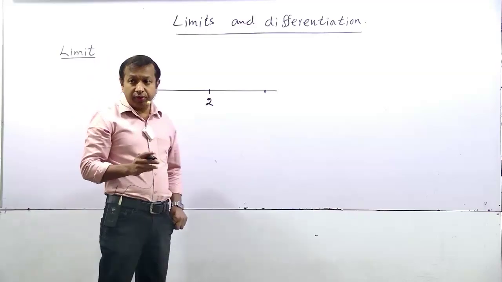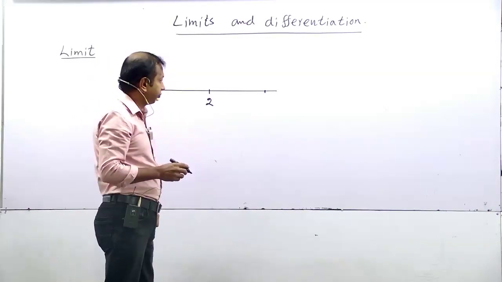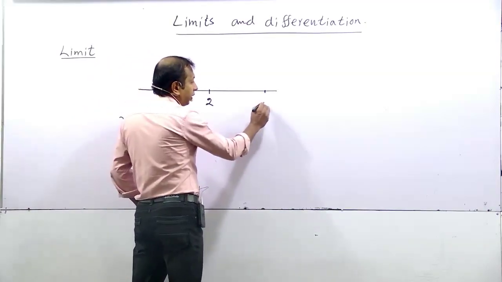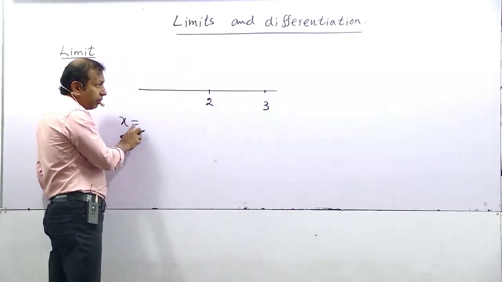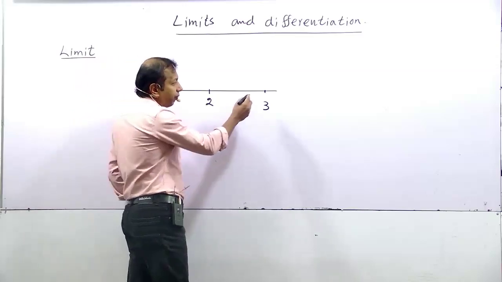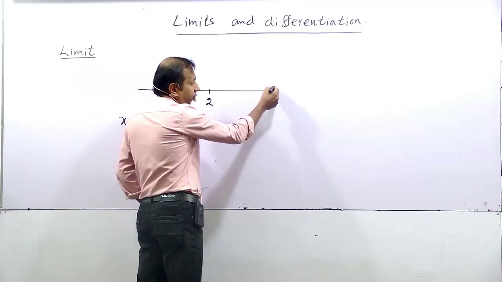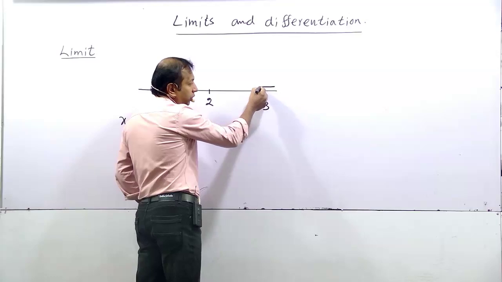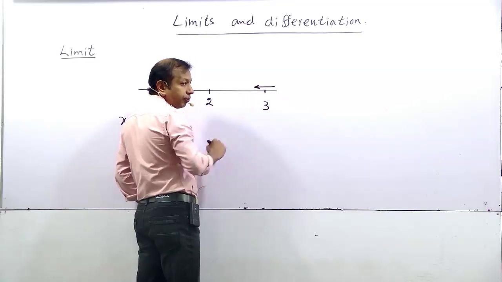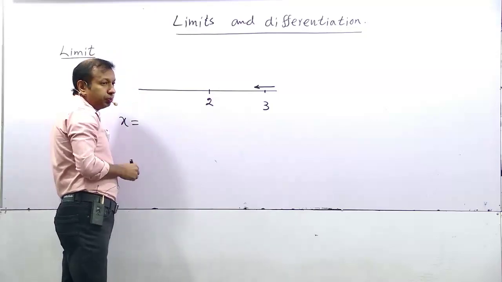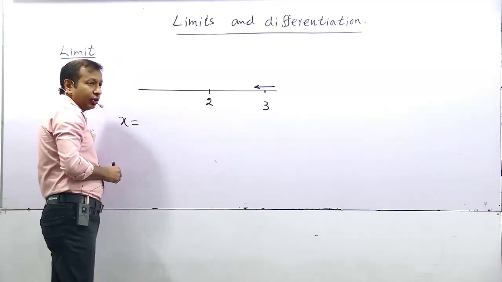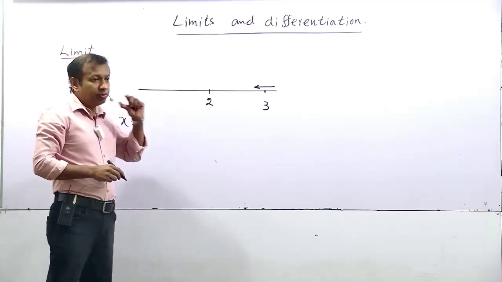X is a variable, a real number. Suppose here we have 3. Now this x variable is coming from the right of 2 towards 2 this way. While it is coming from the right of 2, it takes values available on the number line.